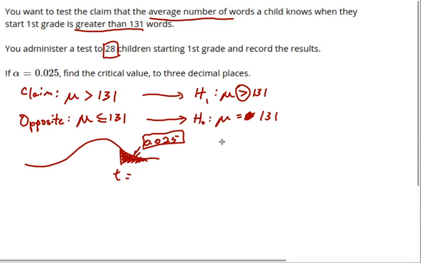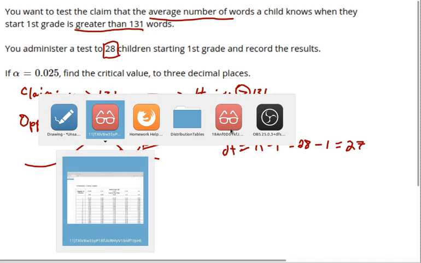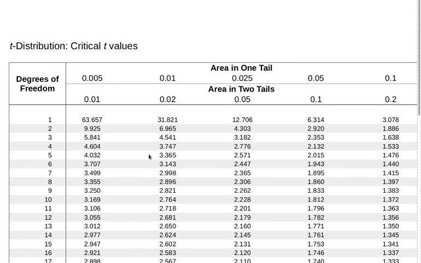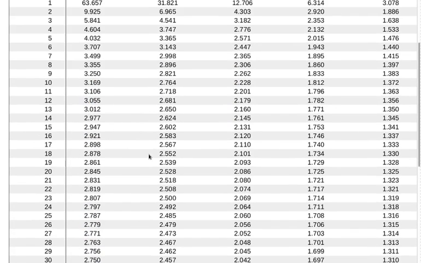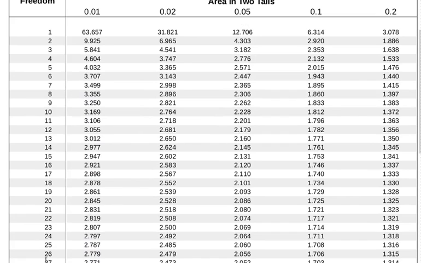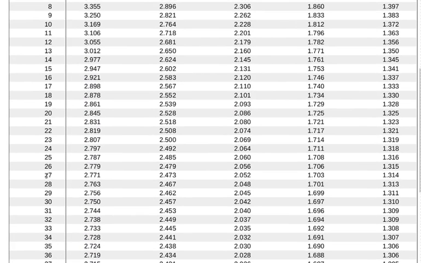Really, I need the degrees of freedom, and we are always using degrees of freedom as n minus 1, which would be 28, the number of children in our study. Minus 1 will leave me with 27. So that means my critical value must be somewhere down in the 27th row. That's my degrees of freedom.